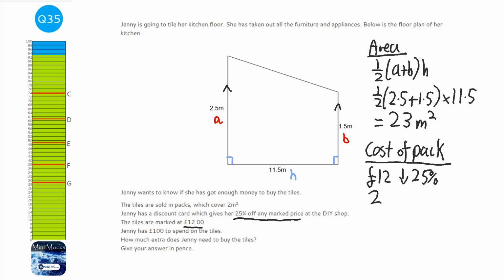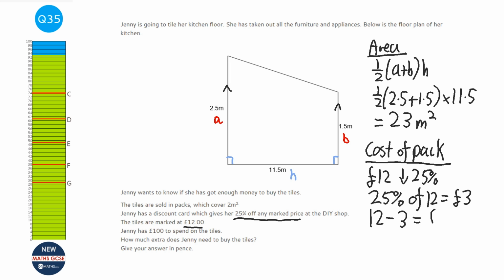First of all I need to work out 25% of £12. The way I can do that is just find a quarter of 12, so divide it by 4, so that's going to be £3. So the cost is going to be £12, take away my £3 discount, which is going to be £9. So the cost of the pack is £9.